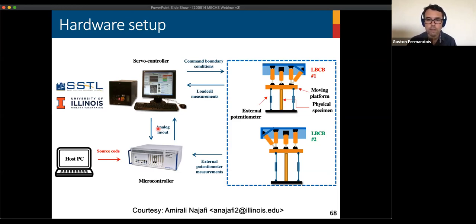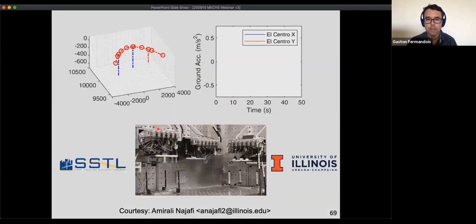And this video here, courtesy of Amirali, shows the real test in the laboratory, where this figure on the top left corner shows the numerical substructure. In red, you can see the numerical substructure, the deck, and the 3rd pier.